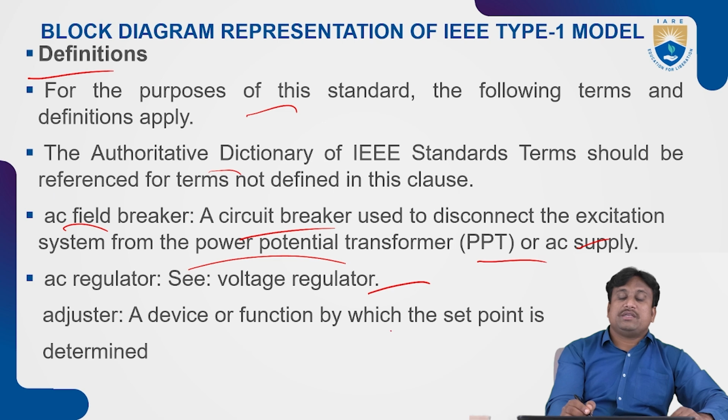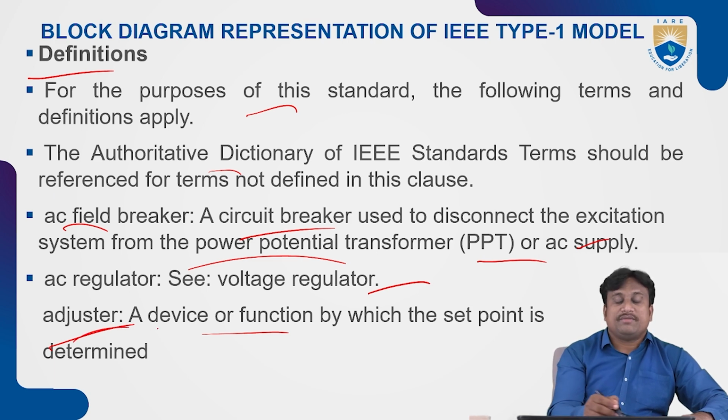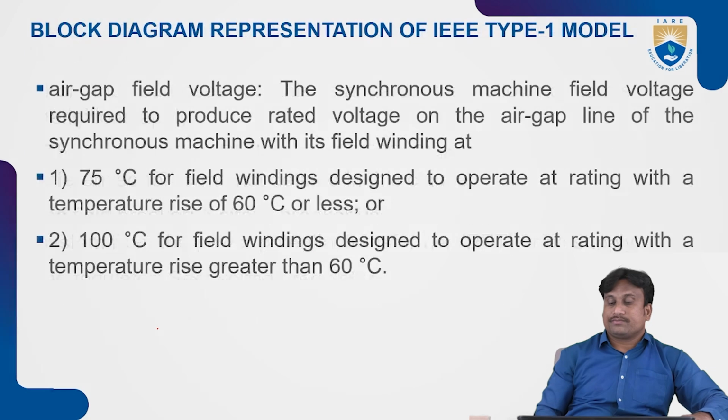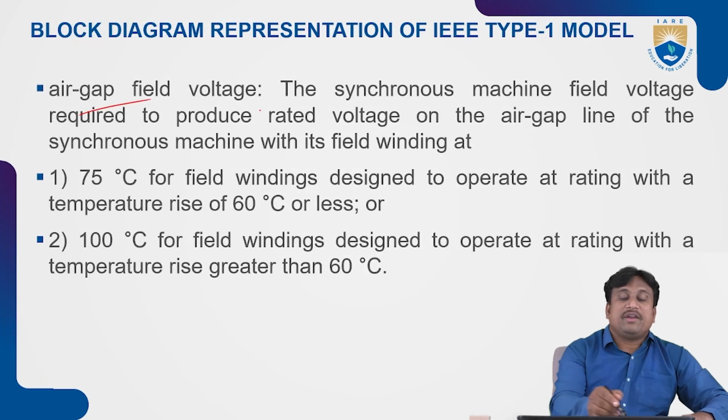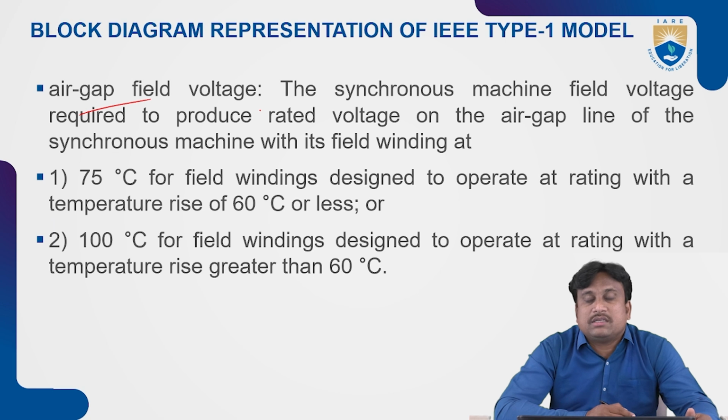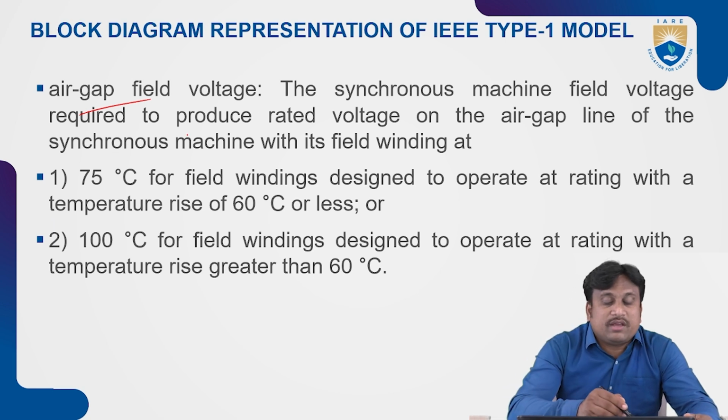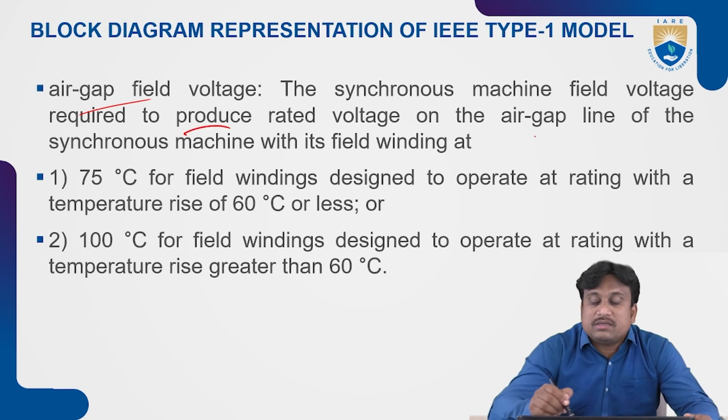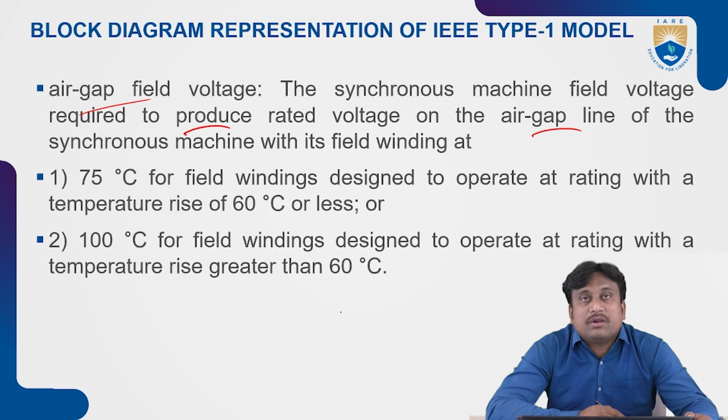AC voltage regulators are best suited to control the voltage of the whole system. Adjusters: a device or function by which the set point is determined. Air gap field voltage: the synchronous machine field voltage required to produce rated voltage on the air gap line of the synchronous machine.